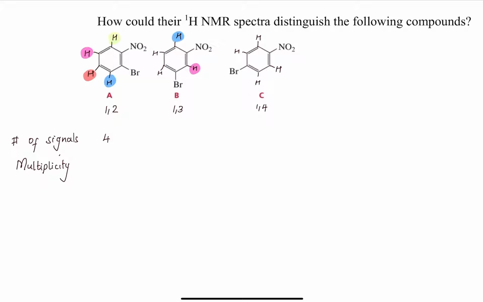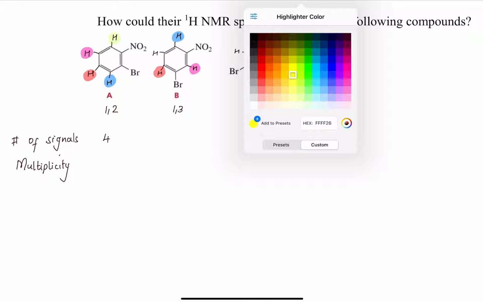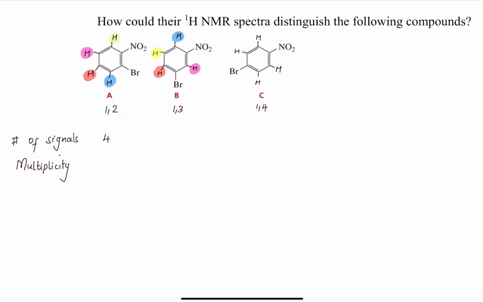And then these 2 hydrogens are also going to be different because one is close to the bromine and the other one is in the meta position with respect to the nitro group. So those are 2 different protons, and we will highlight them with 2 different colors. On the whole, this compound is also going to give us 4 different signals.